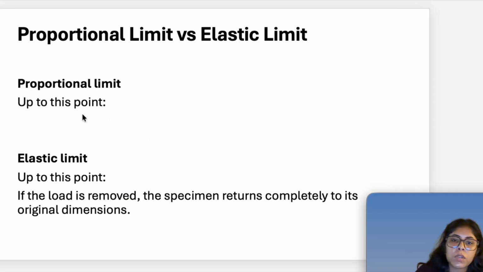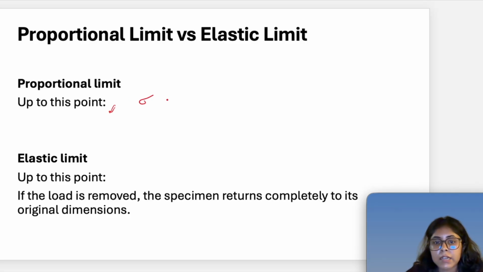The proportional limit is up to this point, where we can still say that sigma is directly proportional to epsilon, right? But at the elastic limit, if the load is removed, the specimen returns completely to its original dimension. But at the proportional limit, the specimen will not come to its original position. There will always be a little bit of deformation. But at the elastic limit, the material comes to its exact original shape and size after load removal, right?